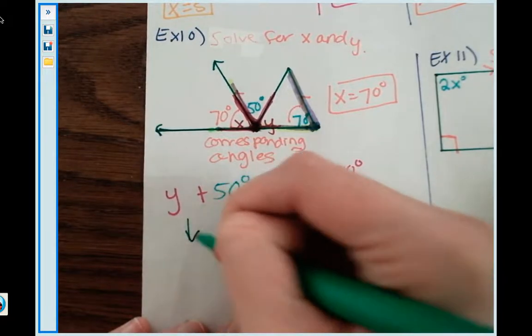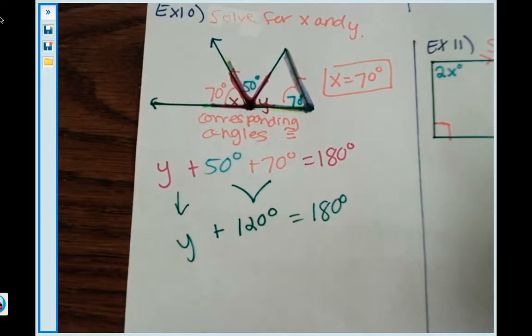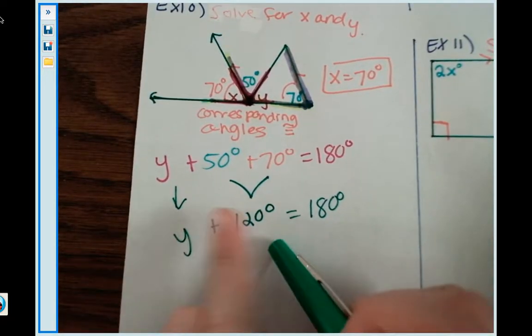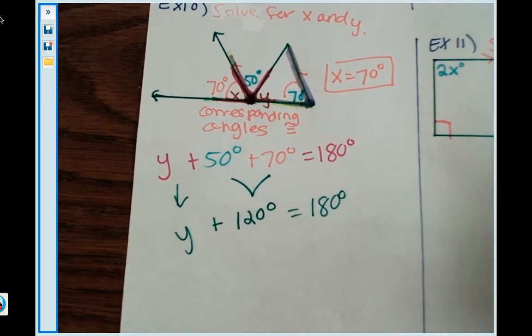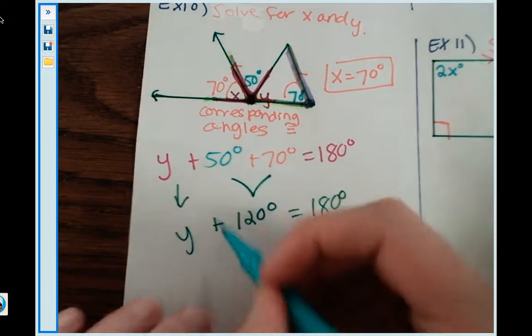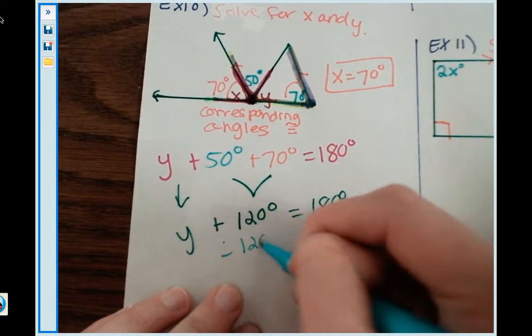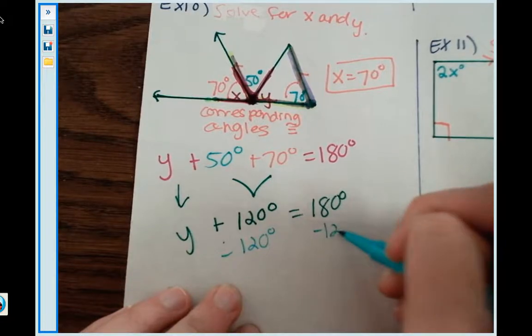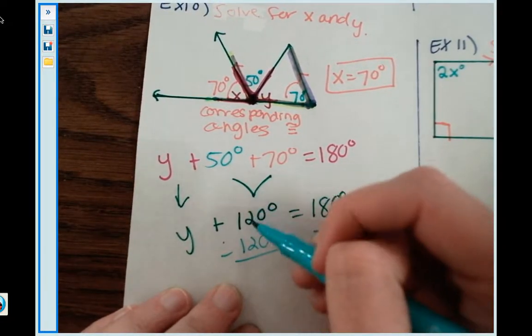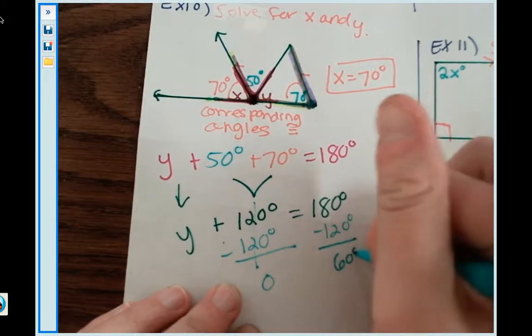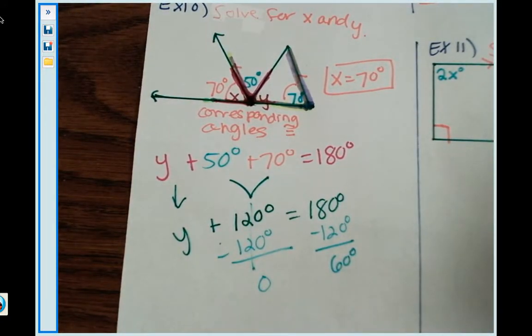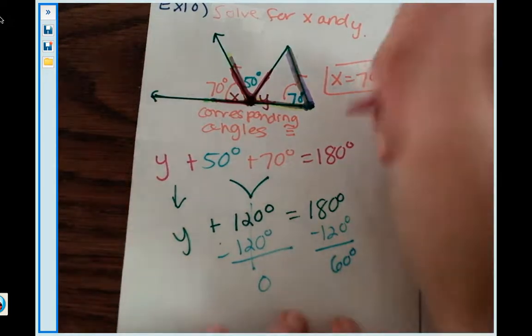I'm going to bring my Y down. Then to solve for Y, I need to move this 120 to the other side, which I do by subtracting it, since it's positive. So minus 120, minus 120. 120 minus 120 cancels and turns to 0. 180 minus 120 is 60 degrees. So guess what, you guys? Y is 60 degrees.